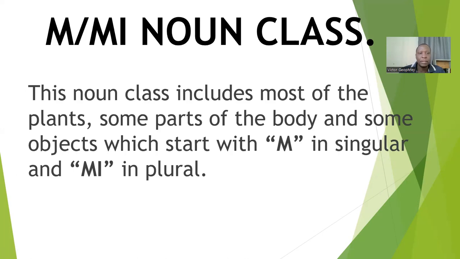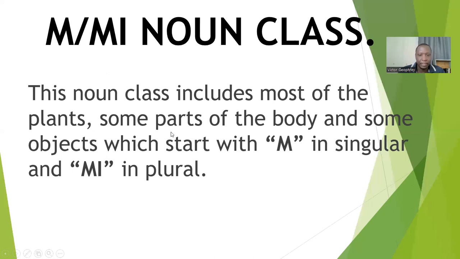But the majority, that's why I say most of the nouns, start with the prefix M in the singular and the prefix Mi in the plural. That's why you call it the Mi noun class. M for singular, Mi for plural. Very few have no singular and have only the plural Mi.